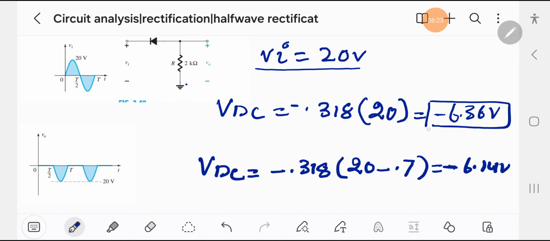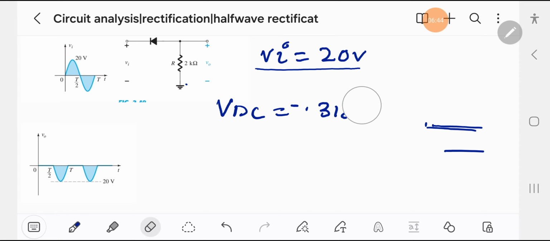This first value is when we are considering an ideal case, and this is the value when we are considering a more realistic silicon diode case.